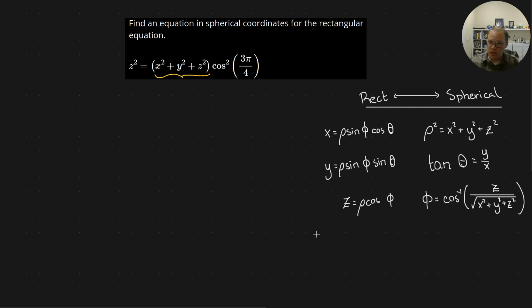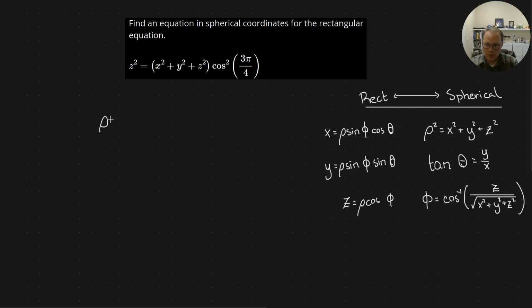Doesn't mean for sure it will. Doesn't mean it will always be the right answer, but a lot of the time, if you have x squared plus y squared plus z squared, spherical coordinates are often a good approach. All right. So I'm going to swap this out for rho squared. I could swap out z squared for rho cosine phi squared.